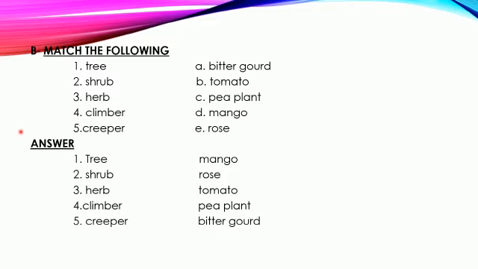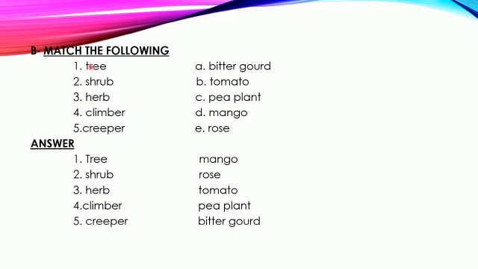Next, question number B is match the following. So in this column, 5 words are given: tree, shrub, herb, climber and creeper. And in this column, it is given bitter gourd, tomato, pea plant, mango and rose. So you have to match these words with their suitable matching.